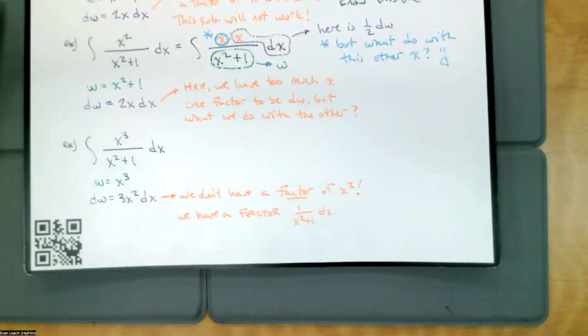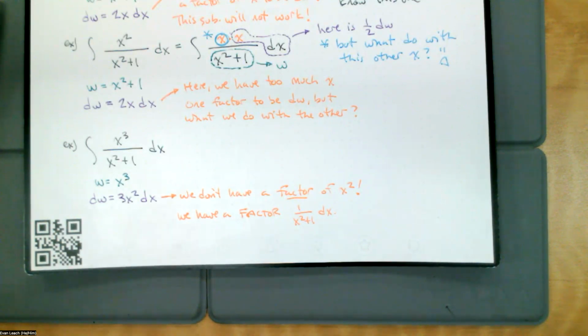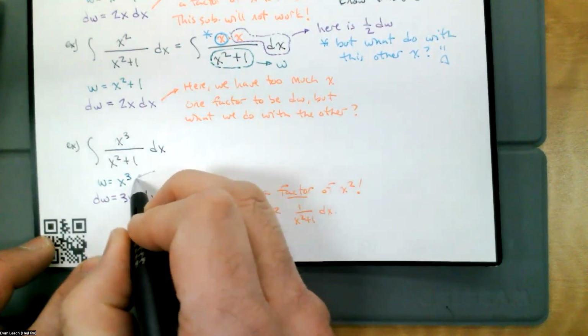I can't just break off an x squared. Constant multiples, that's the only difference that we get to have. No adding stuff, no flipping stuff over. Multiply by a constant, that's it. So this is not our substitution. This substitution will not work.